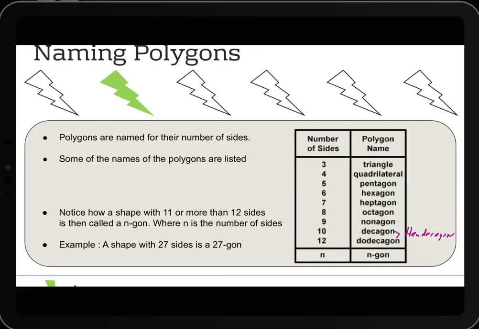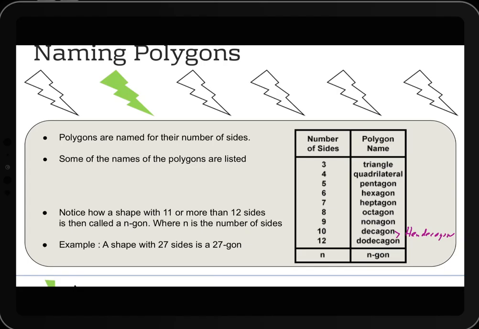It's just that the names start to get really unruly and long, and we tend not to want to name them that way, so we just get a little lazy and start calling them 13-gon, 14-gon, and so on. So for example, a henogon is actually on the screen right now. The lightning bolt and the lightning bolts above are an example of a henogon because they have 11 edges or sides. That's an interesting little fact: if you look at the screen and count those sides, you actually get 11.